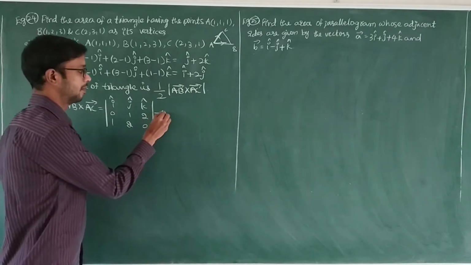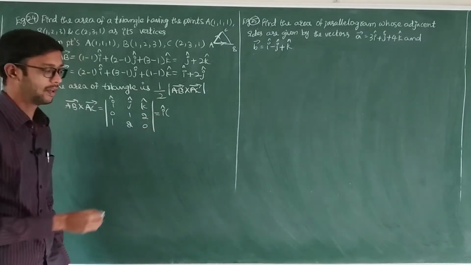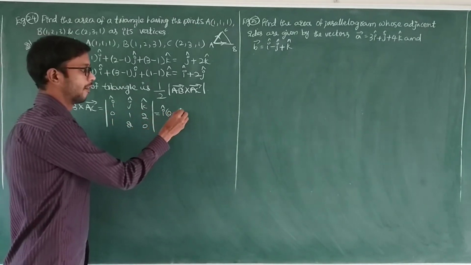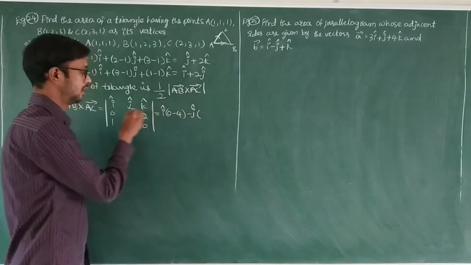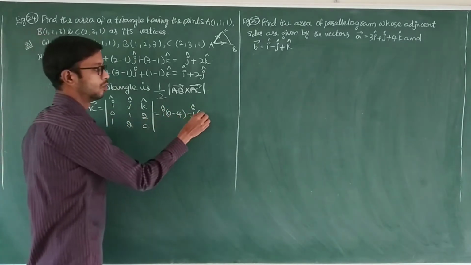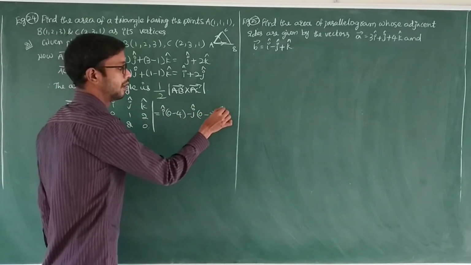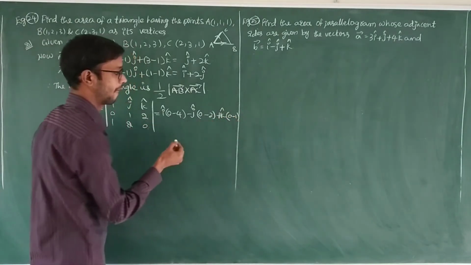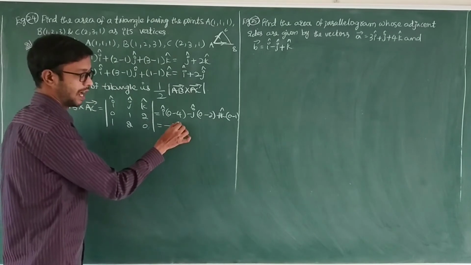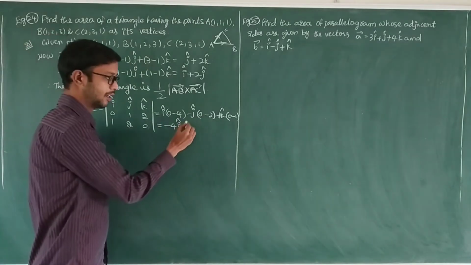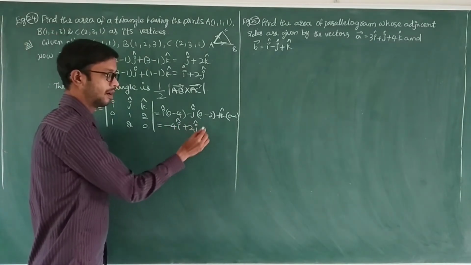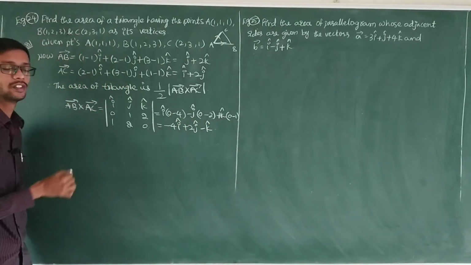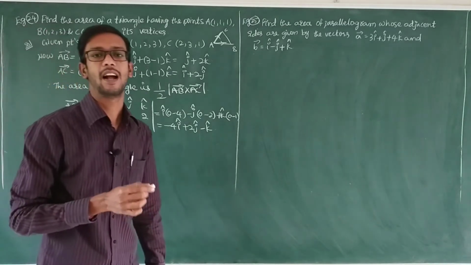Now I will simplify. i cap into 0 minus 4, minus j cap into 0 minus 2, plus k cap into 0 minus 1. So minus 4 i cap plus 2 j cap minus k cap is the vector AB bar cross AC bar.